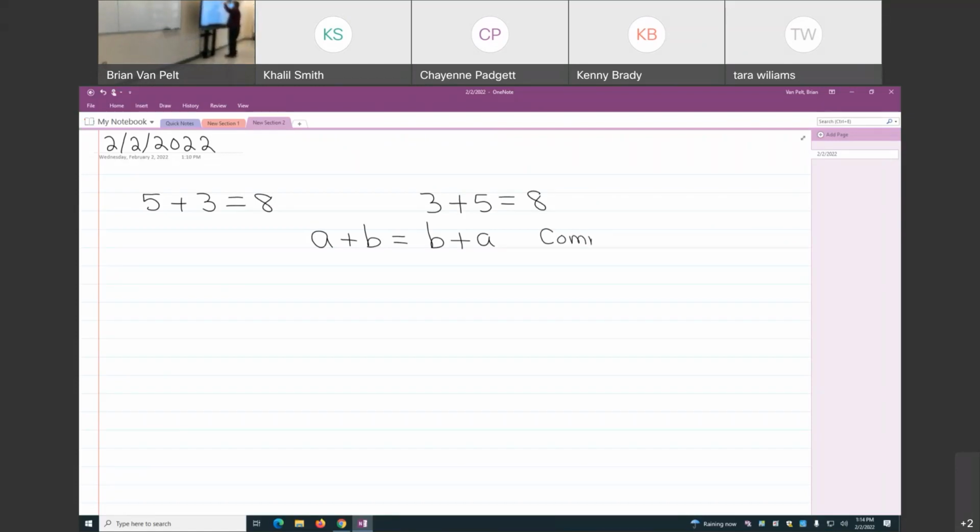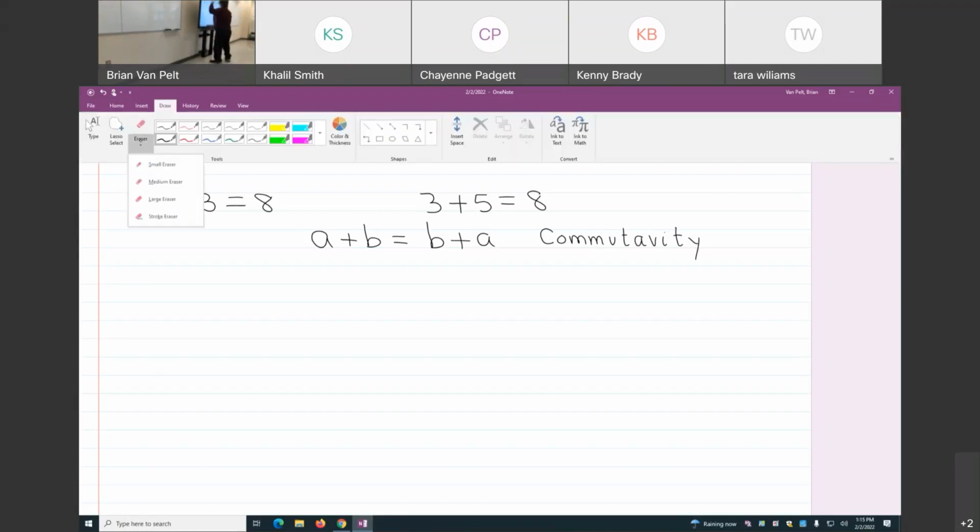Now, it's not necessary that you know this terminology, but I'll just use it. I'm not going to ask you on a test to give me the definition of this or that. You're going to do all problems, but I will use the word. Oh, I missed some, didn't I? This is commutativity.